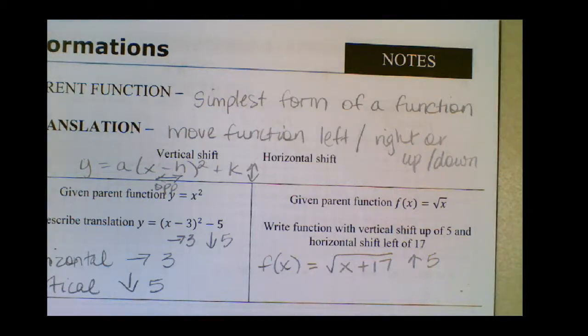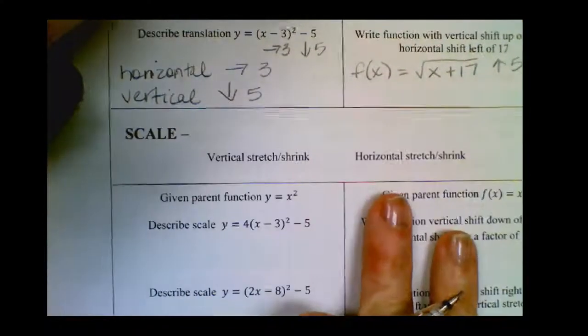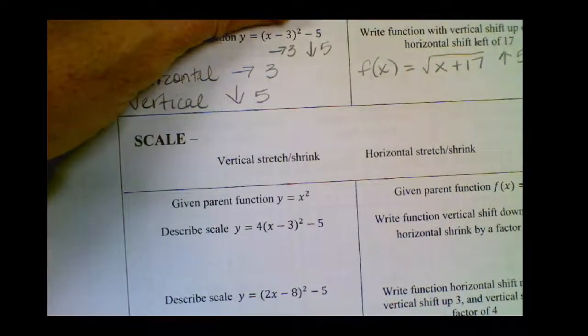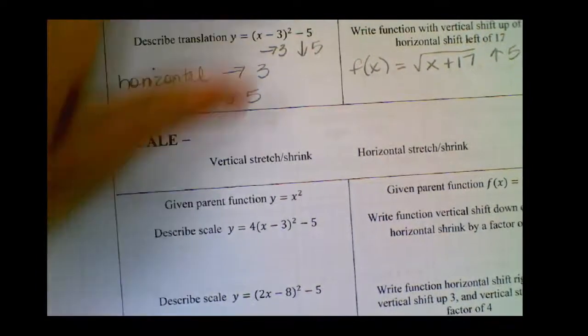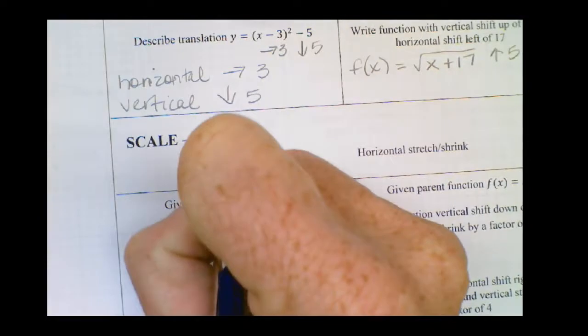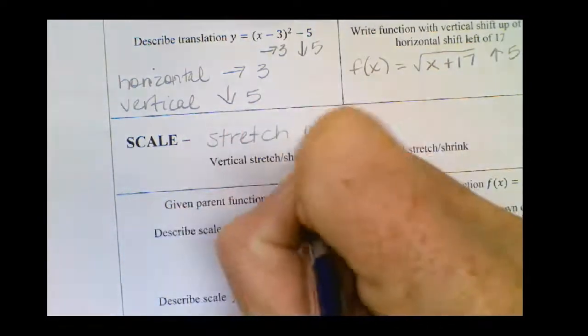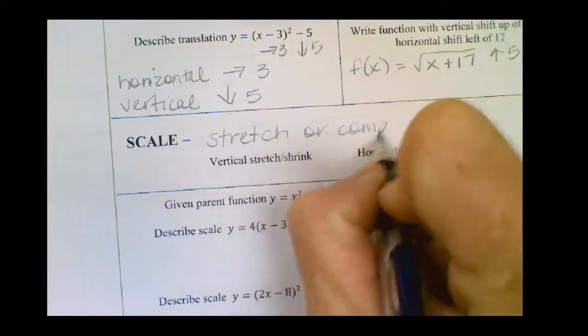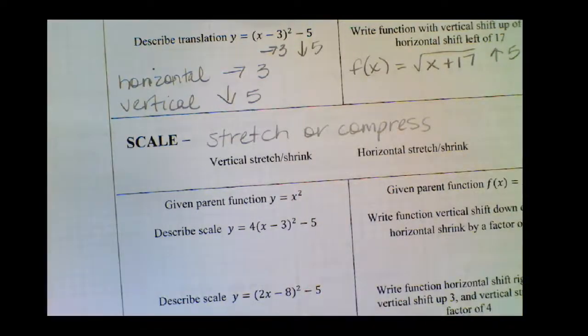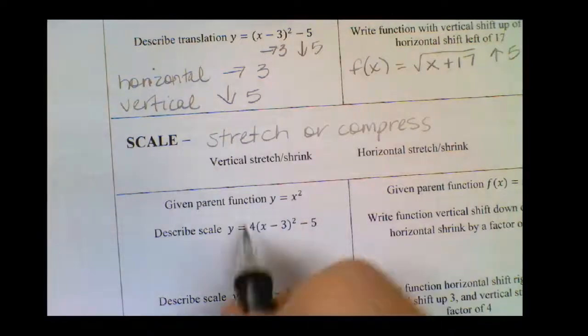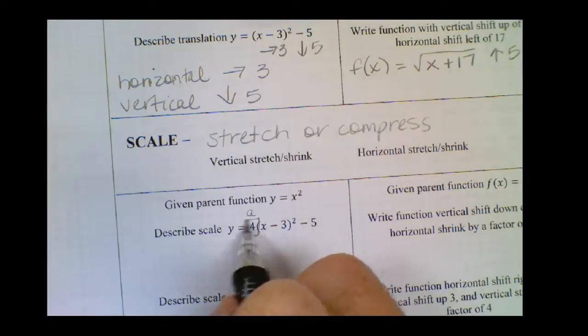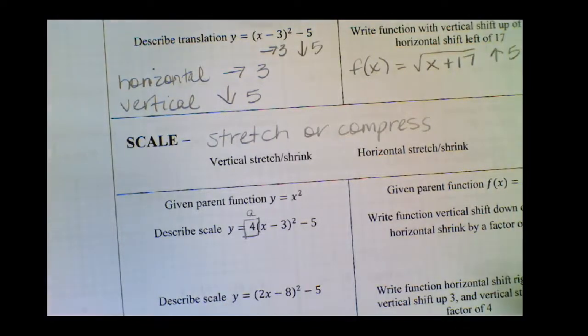Okay, scale is where we talk about stretching or compressing something. And we have done this before as well. Okay, so let's think about what happened here. And actually, let's write all of the shifts that this has going on. So in this case, this is our a value, and it tells us how much that is scaling, whether it's increasing by 4 or decreasing by 4.